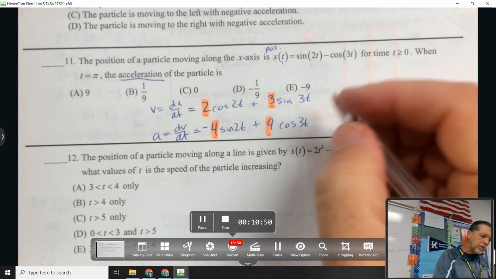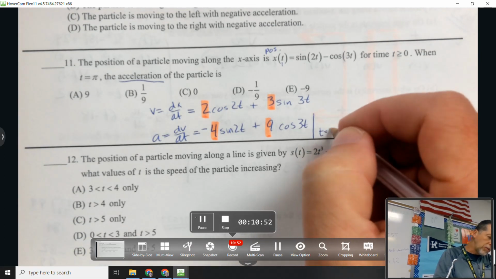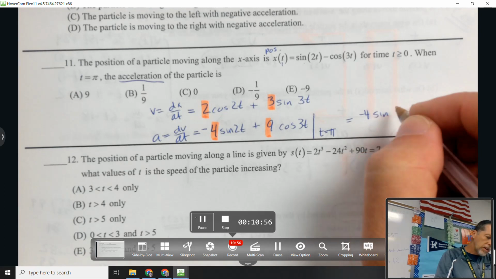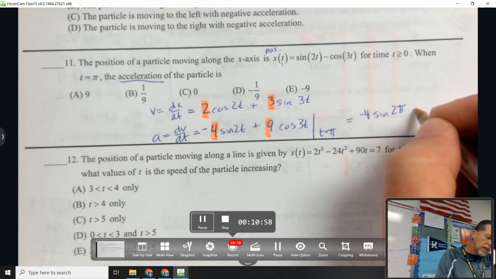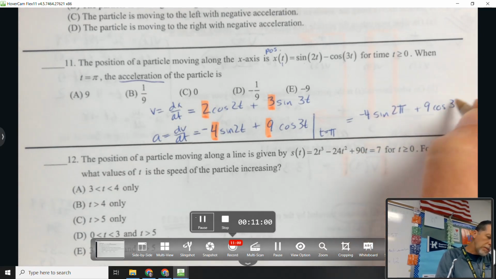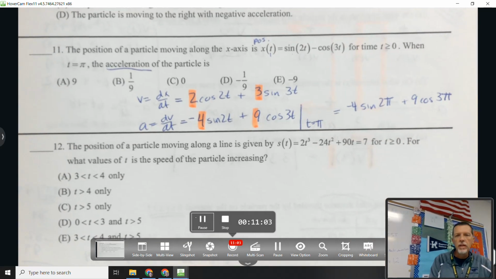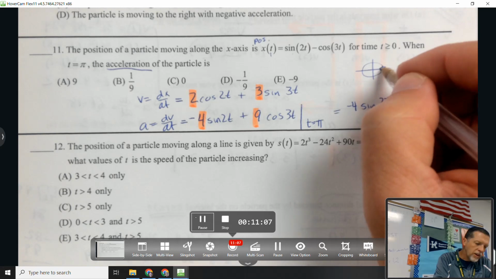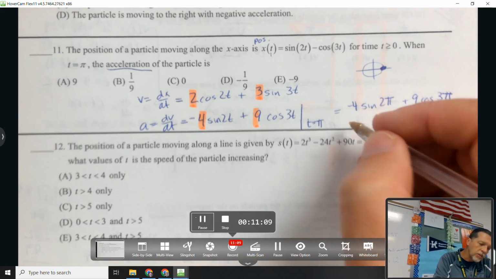And then I want to evaluate that at t equals pi. So negative 4 sine of 2 pi plus 9 cosine of 3 pi. Okay, 2 pi is right there. The sine of that is 0.